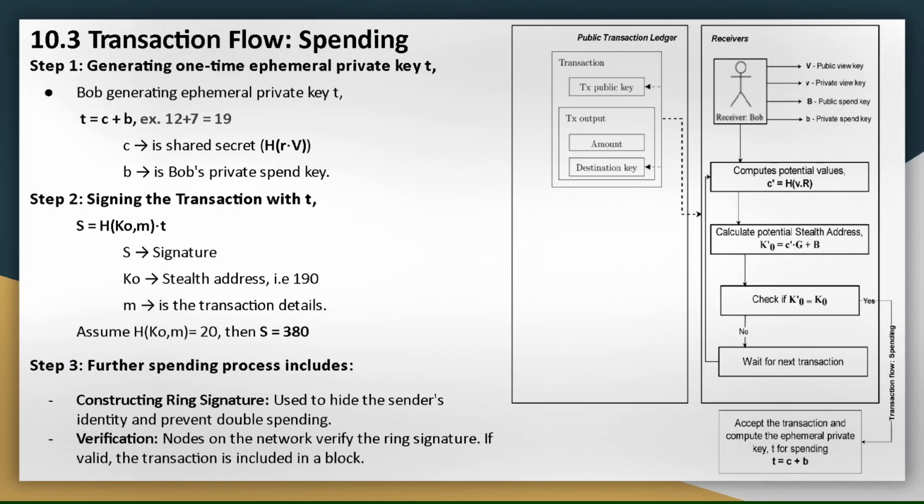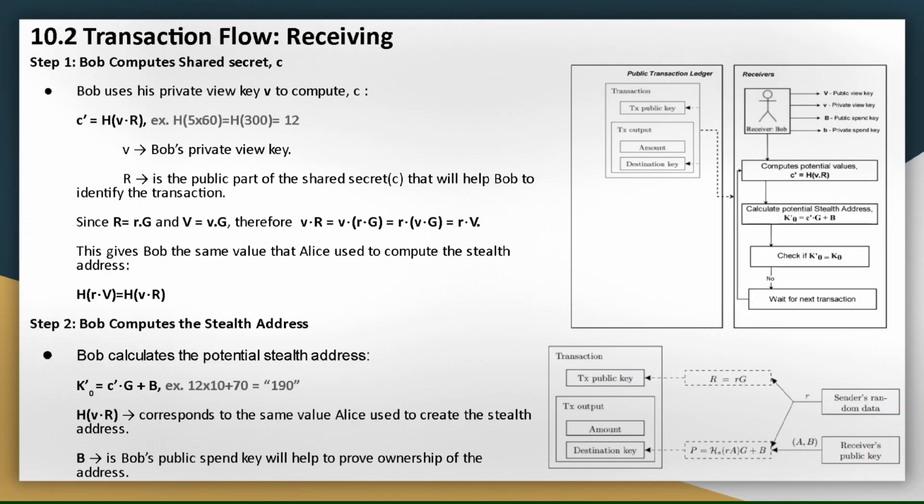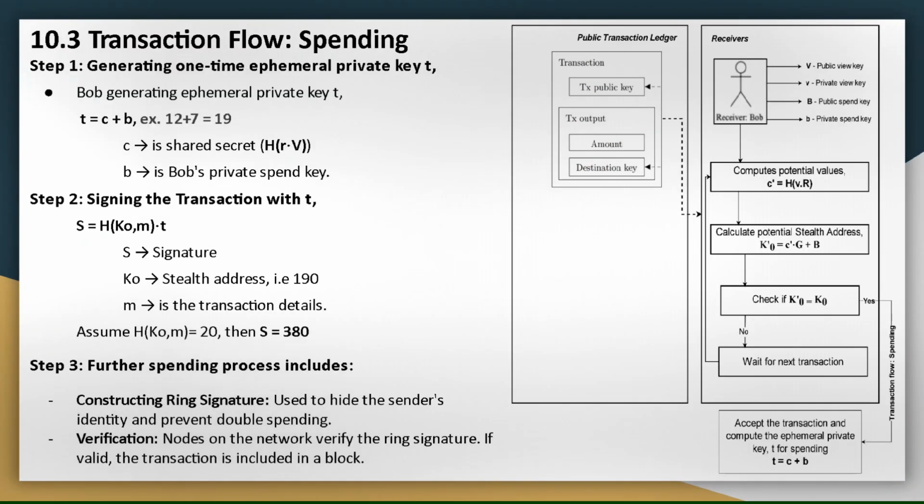Let us say it's 7. Capital B is Bob's public spend key, so it is 70. G is our 10. So 70 divided by 10 will give us Bob's private spend key, small b, which is 7. So 12 plus 7 is nothing but 90. This is the first step in order to spend the transaction.